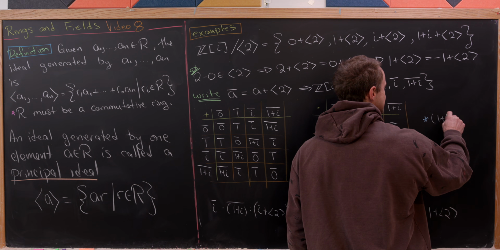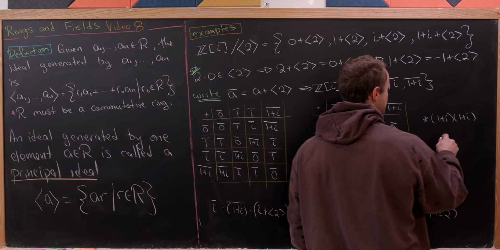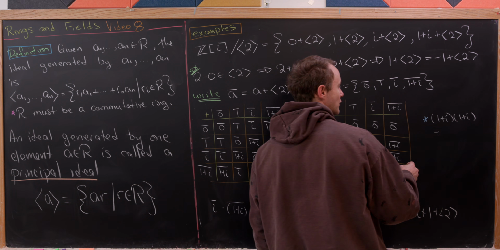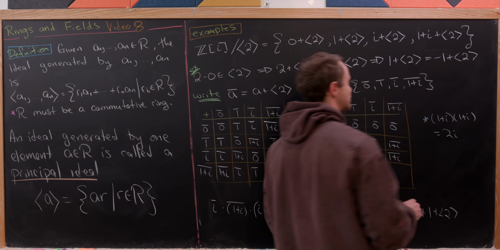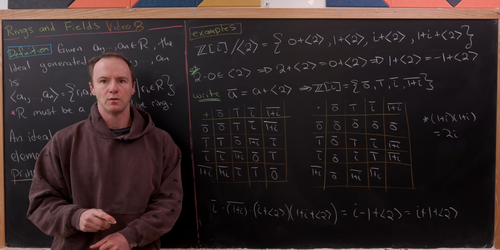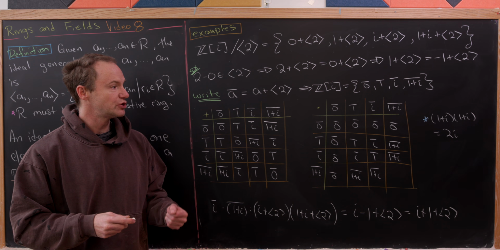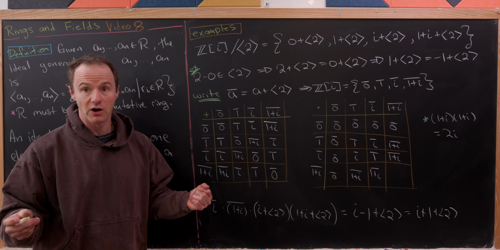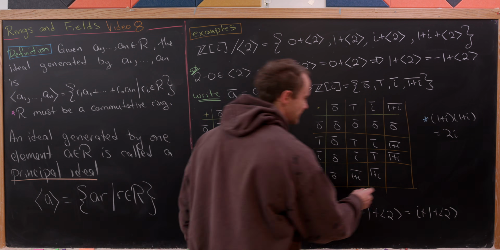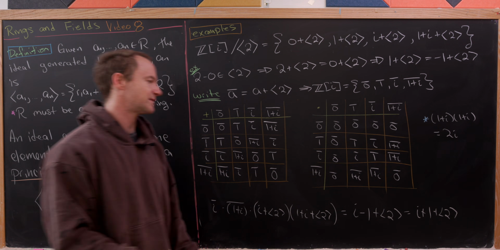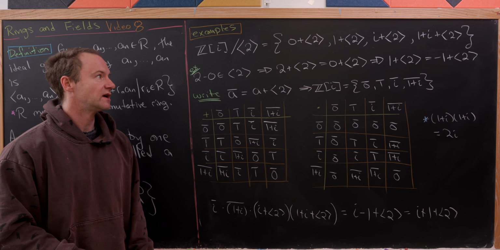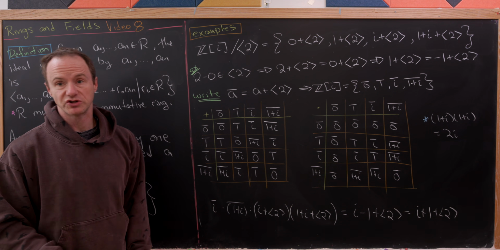Let's just do 1 plus I times 1 plus I. So if you multiply that out, you'll pretty easily see that this is equal to 2 times I when everything is said and done with the distributive rule. But 2 times I is 0 inside of our quotient, so this is in fact 0 bar. So we've got something that squares to 0 inside of this quotient ring.